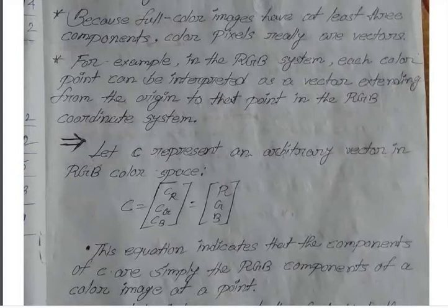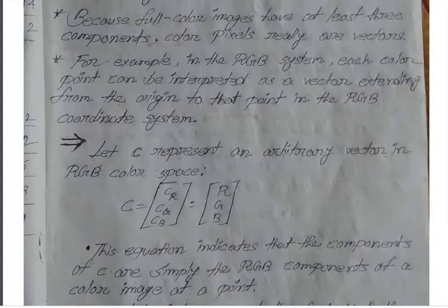Suppose an example in the RGB system. RGB means red, green and blue system. Each color point can be interpreted as a vector extending from the origin to that point in the RGB coordinate system. Suppose C represents an arbitrary vector in the RGB color model or color space.